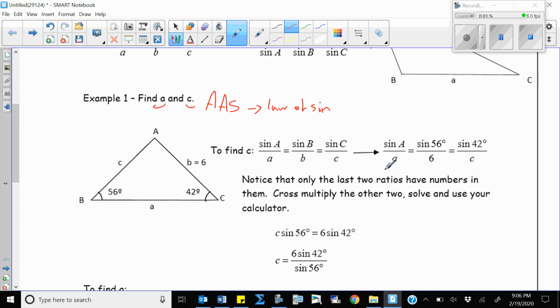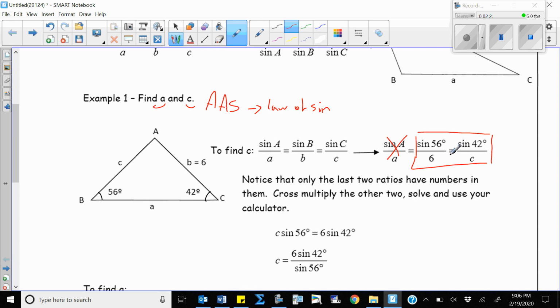As you see in this equation, if we take this part of the equation, we can easily solve for c, because this is an equation with all known values and only one unknown variable. So we don't need this part. We just take this part of the equation and solve it.